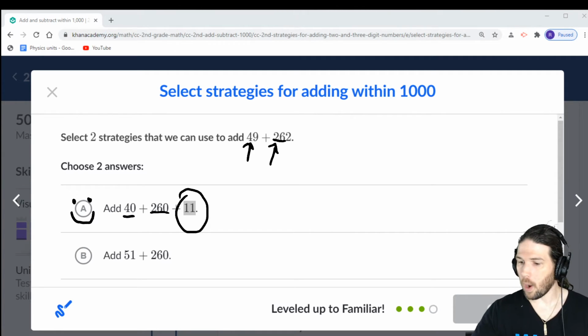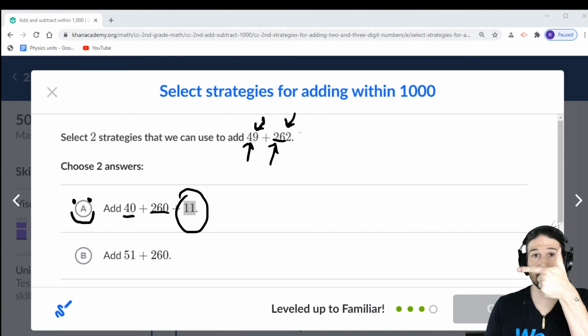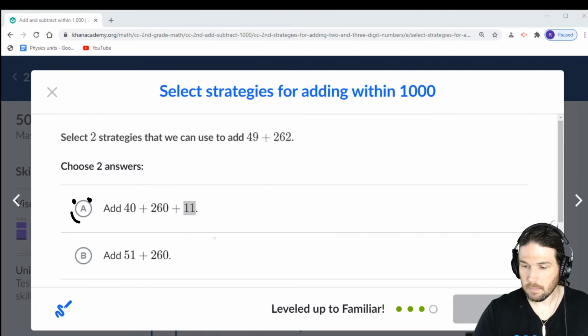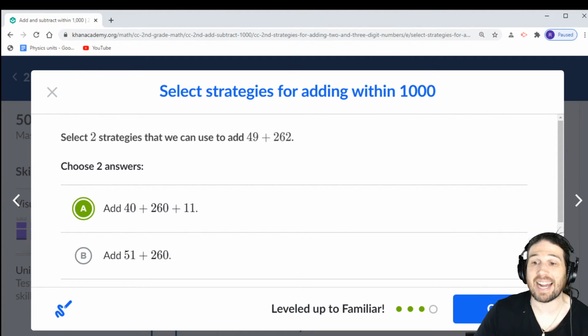Well, if I take the ones, this 9 and this 2, and I add them together, 9, 10, 11. It's that easy. A is absolutely a correct way of doing this. It's not the way I would do it.